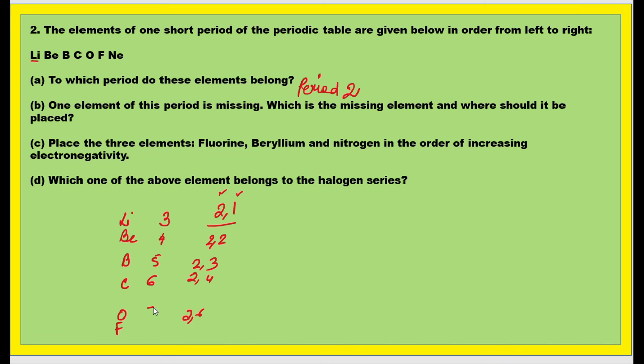It is 8, 9, and neon will be 10. So 2, 7, 2, 8. We see we do not have an electronic configuration as 2, 5. Therefore, we are missing an element whose atomic number will be 7.